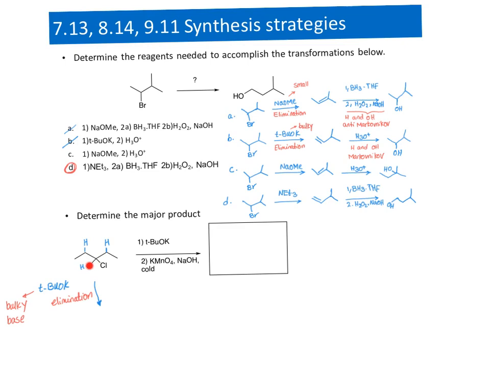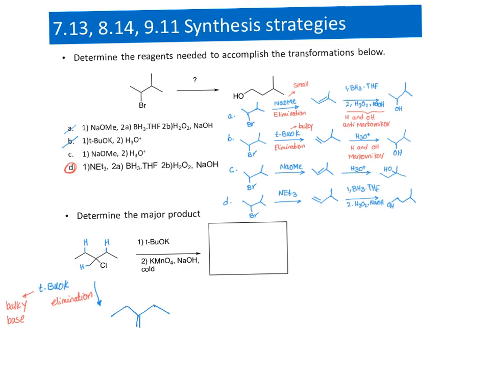So I'm going to form a double bond between this carbon and this carbon. So the base will take the proton, form a double bond, and basically kick off the leaving group. So we are going to form this product.